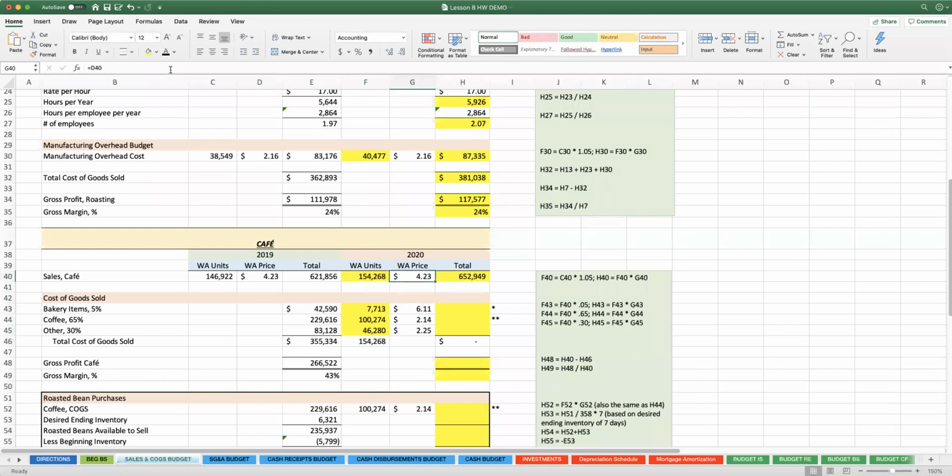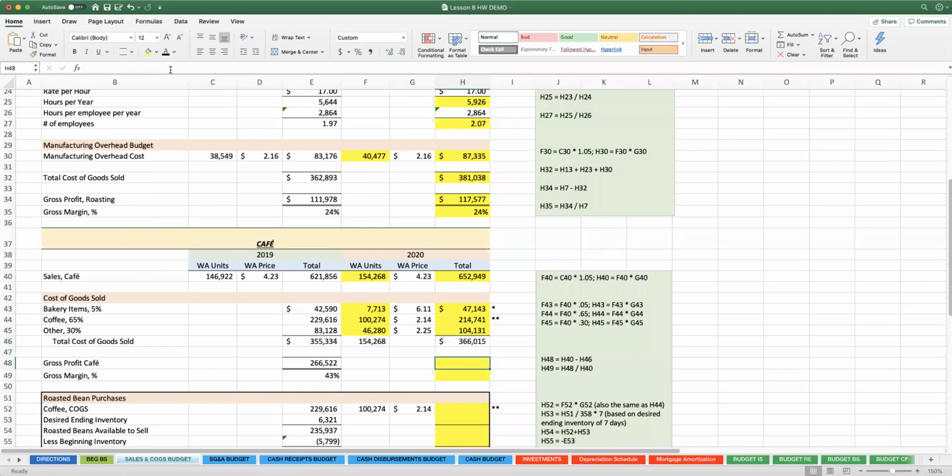So this is a weighted average price we're going to use to get the sales figure, but these were the individual component costs based on what you did a couple of assignments ago. So that allows us to roll these out. Okay, so that's your total cost of goods sold for the cafe.